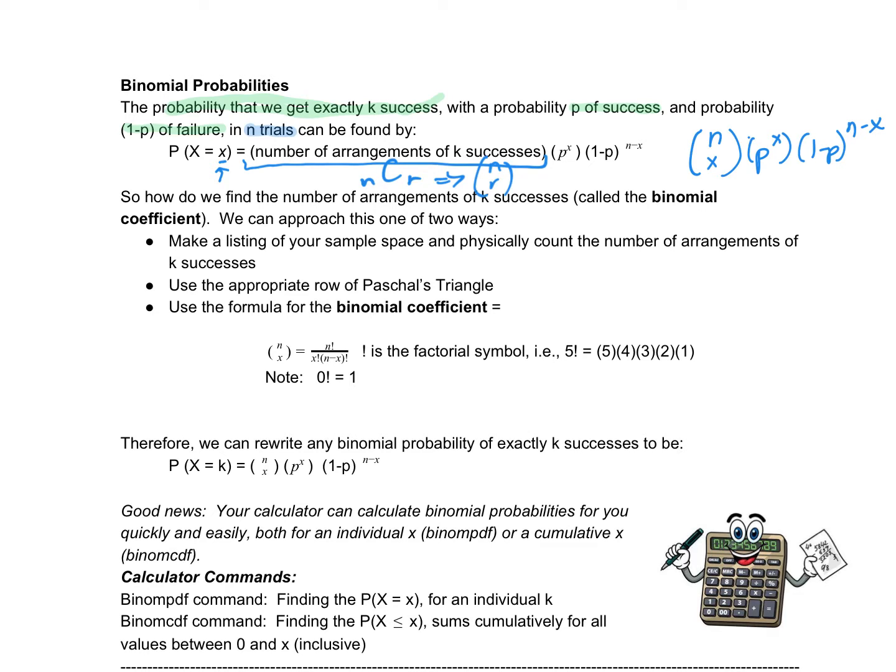So let's break this down. This right here stands for the number of combinations. p is the probability of success, isn't it? And that's how many successes we're looking for. This is the number of successes. And then 1 minus p is what?